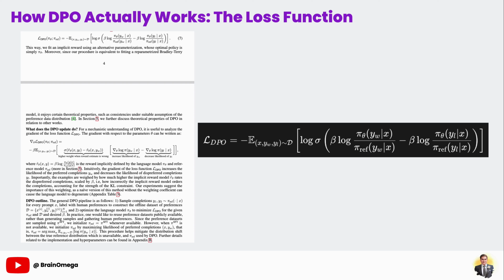More efficient. On a controlled sentiment generation task, DPO achieved a better reward KL trade-off than PPO, even when PPO had access to the true ground truth reward function. This means for any given level of deviation from the original model, DPO gets you a higher reward. Higher quality.